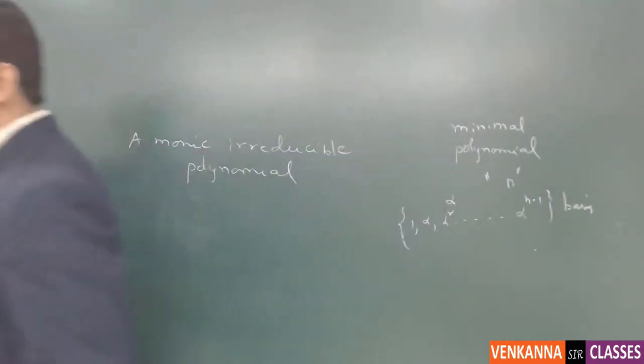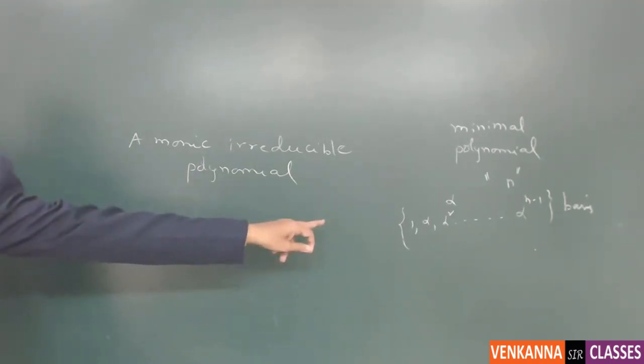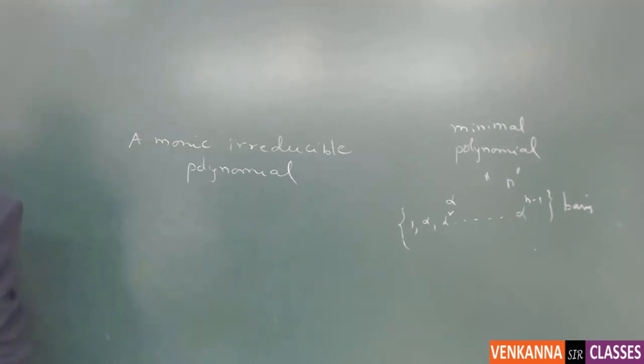So the importance of degree is, if you know that alpha satisfies a polynomial of degree n, then this is the respective basis for the vector space. Please take a note of this. This is useful while solving many problems. Okay? Are you clear?